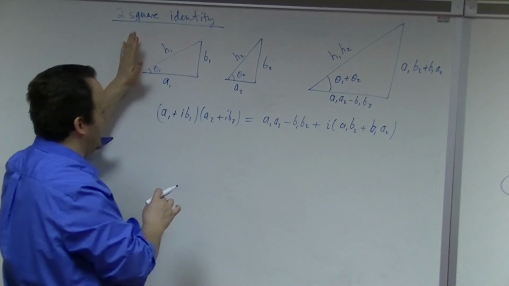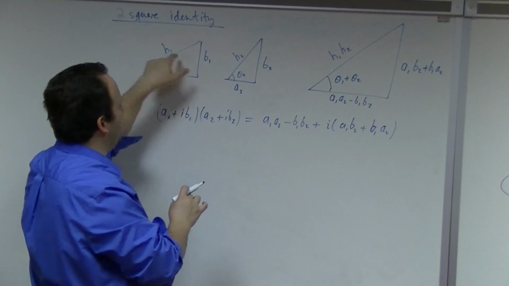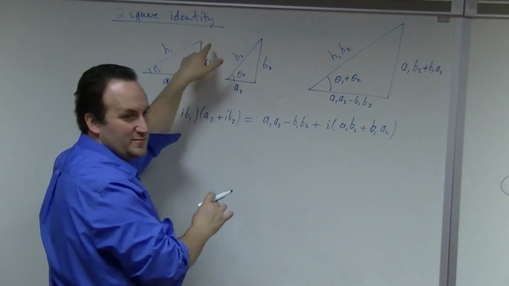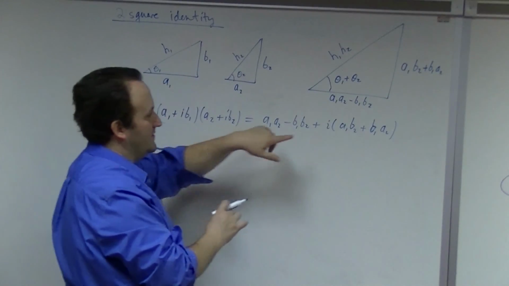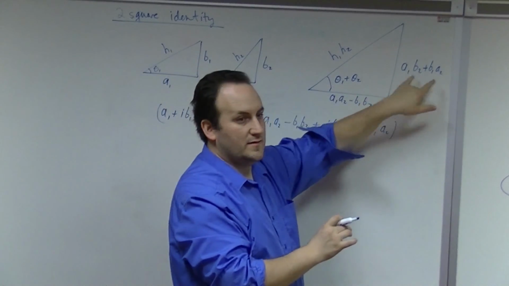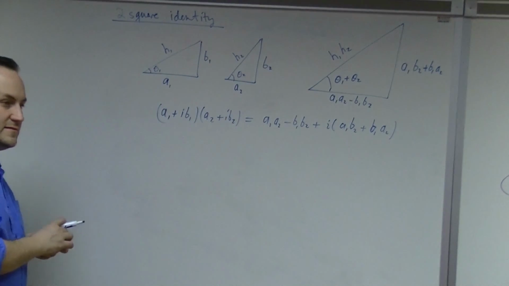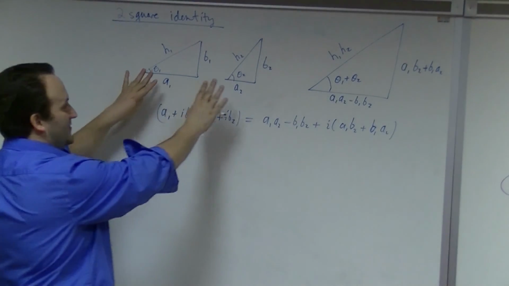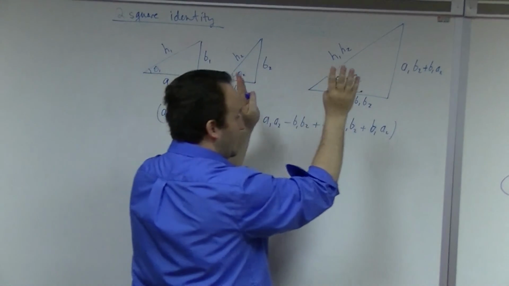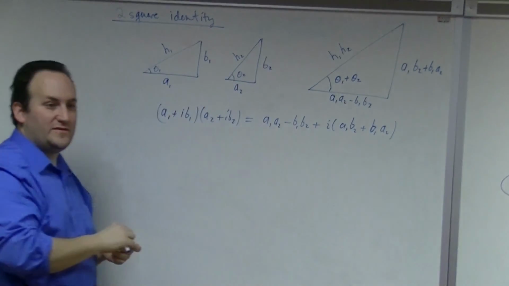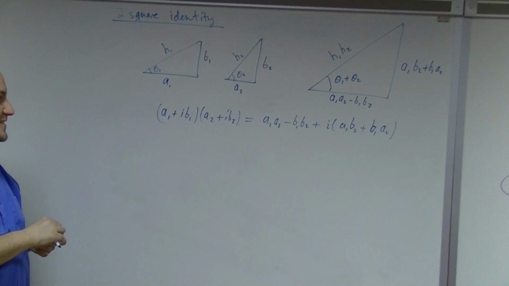If you have A1, B1, H1 and A2, B2, H2, then it follows that you also have this Pythagorean triple. But this is explicitly what it means in terms of the geometric content. You can take these 2 triangles with integer sides and construct a new triangle with integer sides. And the angle of the new triangle is just the sum of the angles of the old triangles.